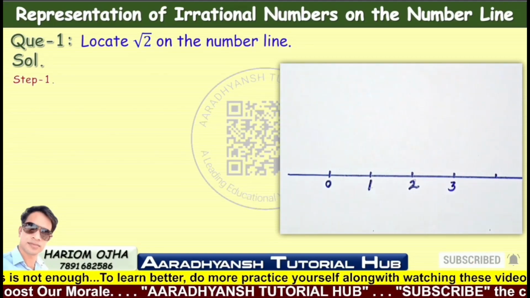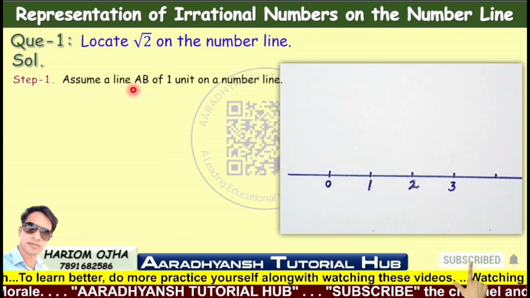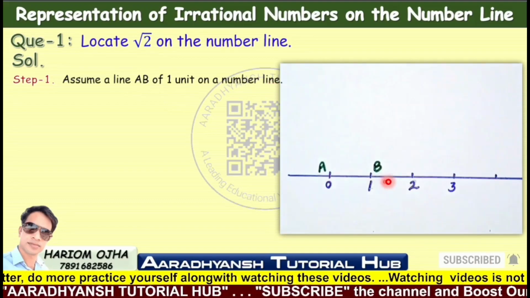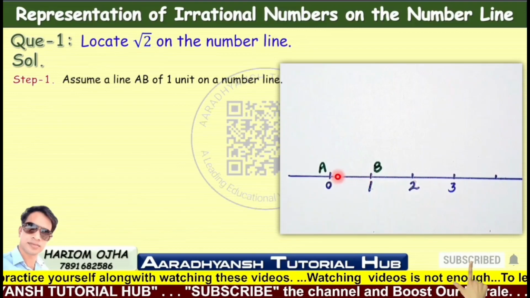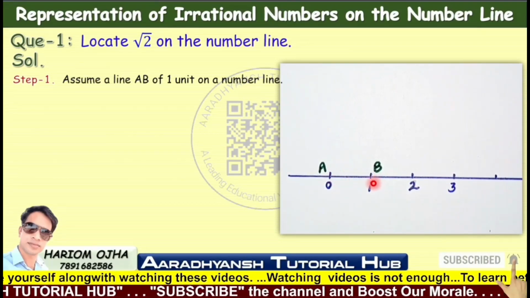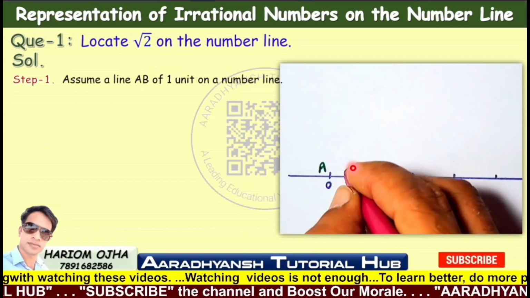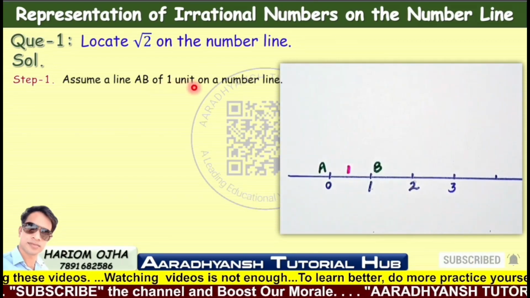The first step will be to assume a line AB of 1 unit on the number line. Here on this number line, this is AB. This line segment AB is of 1 unit, because it starts from 0 to 1. So its length is 1.